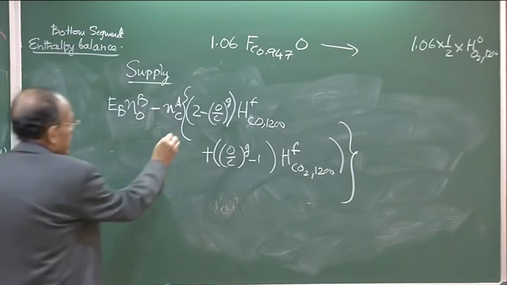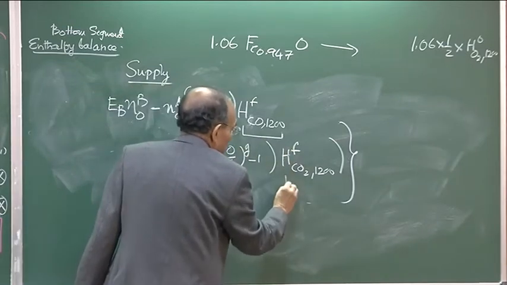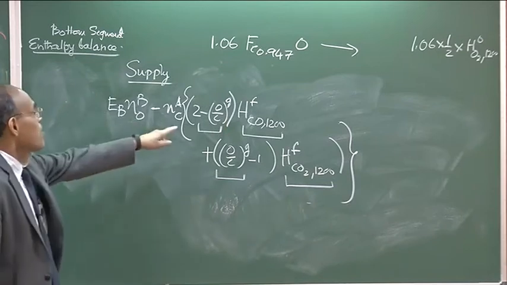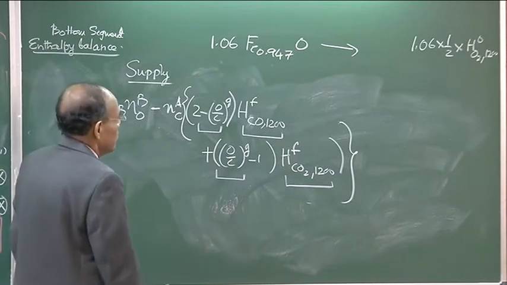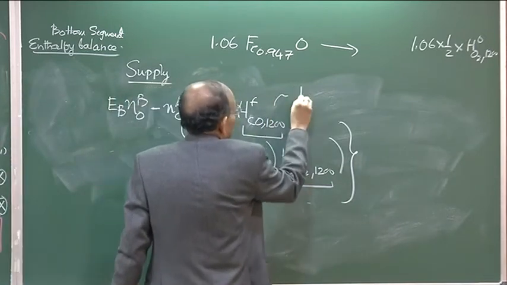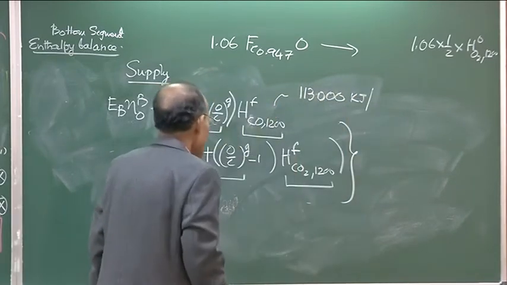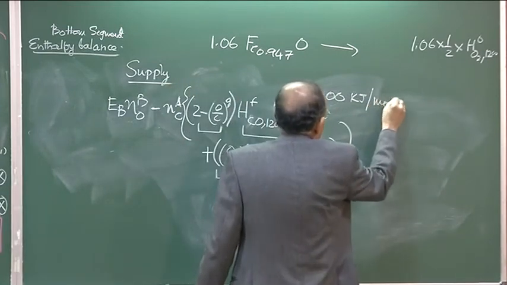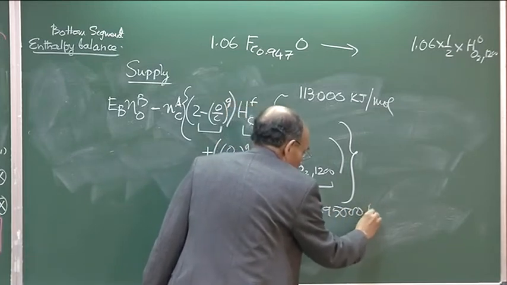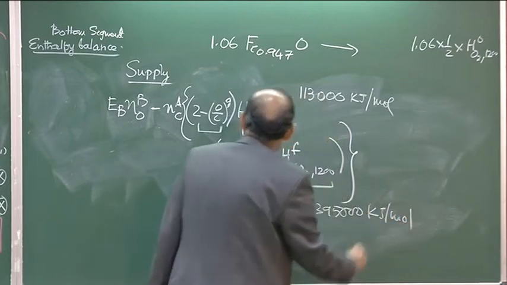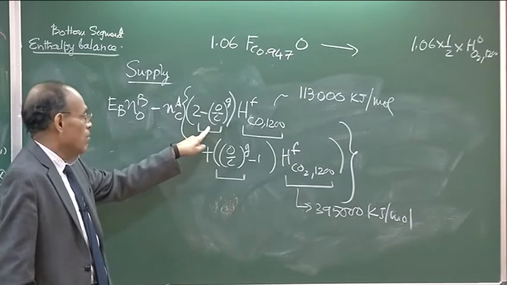This term is always greater than 1, this value is a negative value, this value is a negative value. So, therefore, this term is going to come out with a positive sign itself. So, if you substitute the heat of formation of carbon monoxide, which is 113 kilojoules per mole or kg mole, okay, and if you substitute for carbon dioxide, it is 395,000 kilojoules per mole, and now you substitute at the final stage O by C is equal to 1.3.